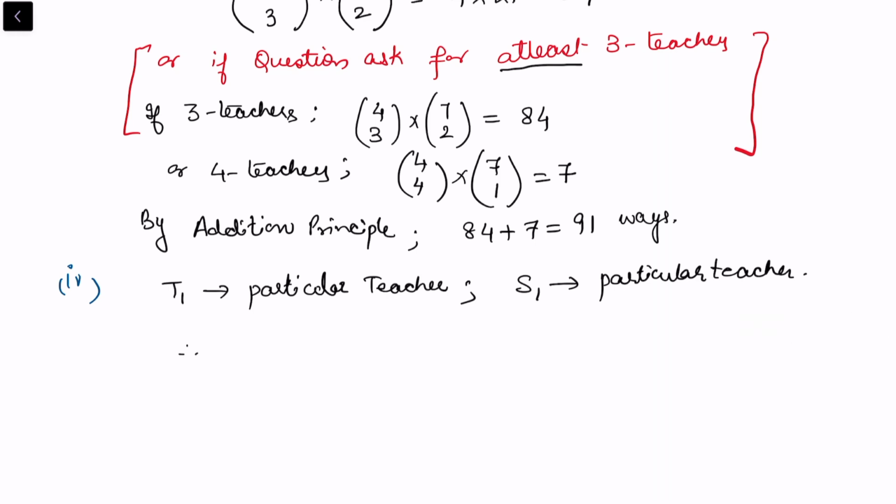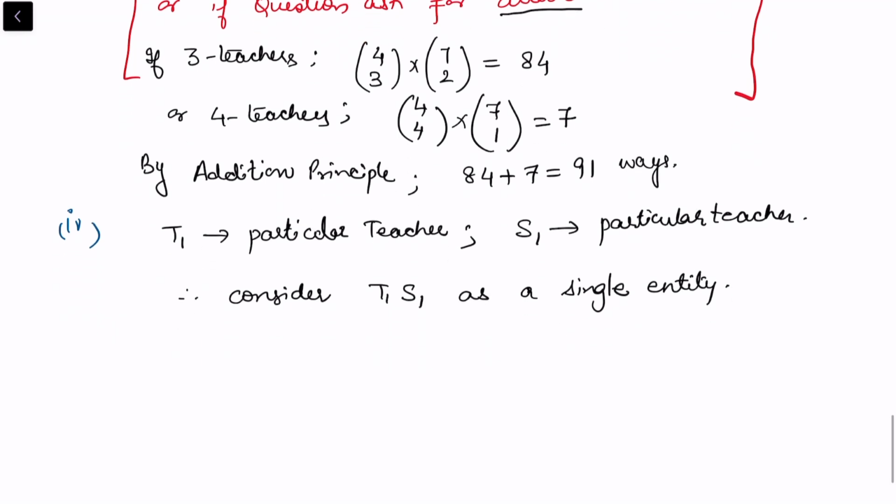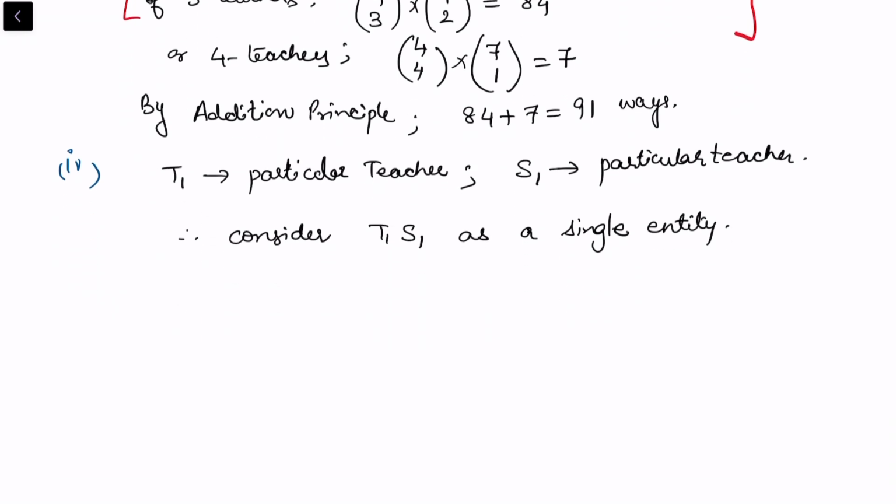So here we consider T1 S1 as a single entity, a single object for the selection. Now we want to choose 5 people.